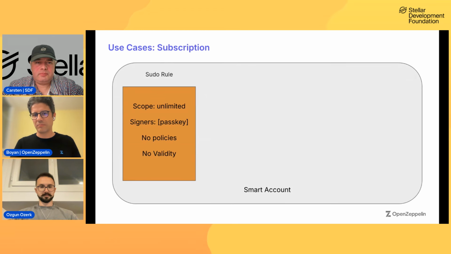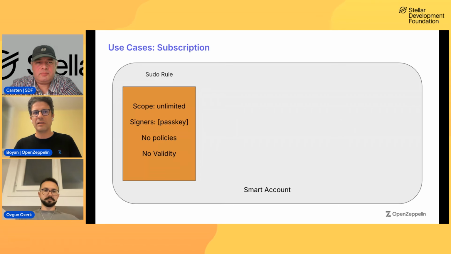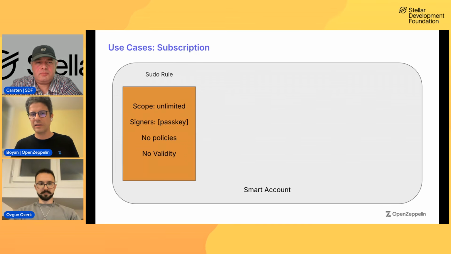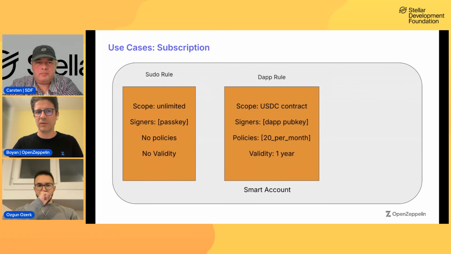So yeah, let's see how the user flow for a subscription will happen. I have a smart account and I have the sudo rule, like the super admin rule, that has a single signer, my passkey, and there are no policies, and it's valid forever. Then I'm going to some DApp and I want to subscribe to a service.